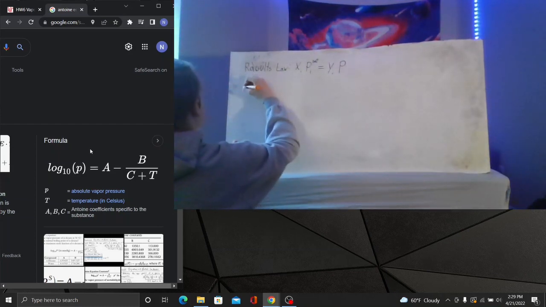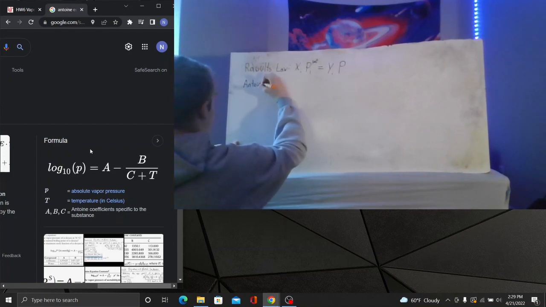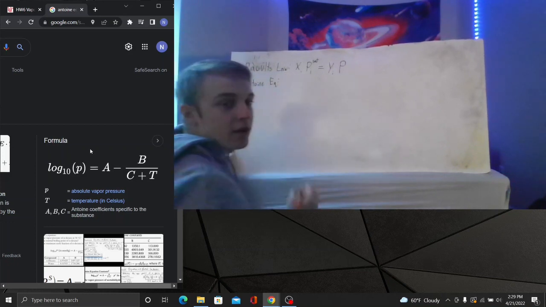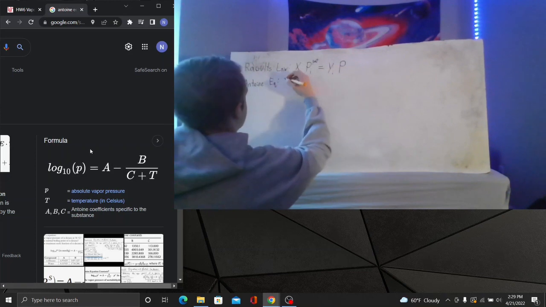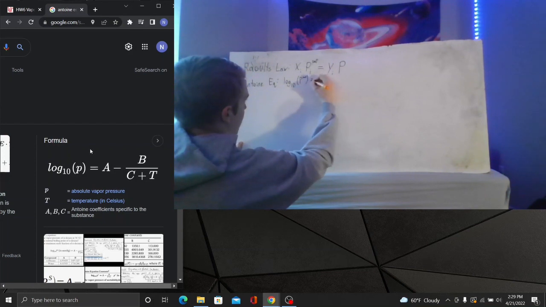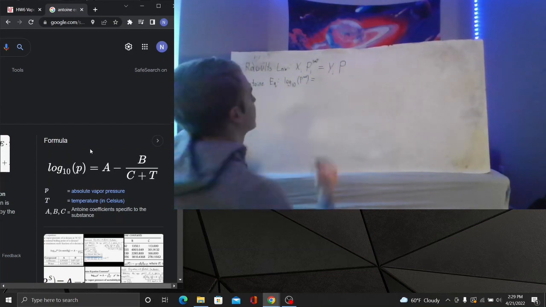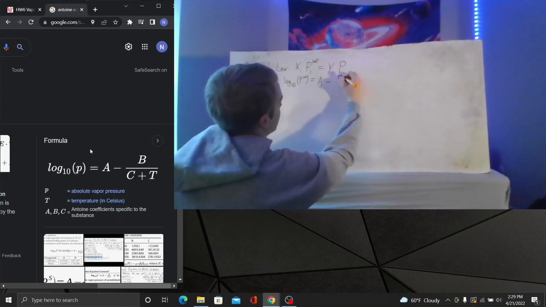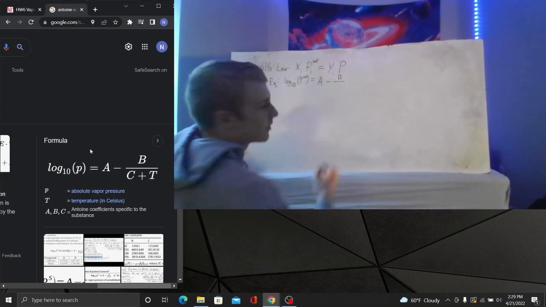Antoine equation, and for our purposes, it's going to be log base 10 of the pure saturation vapor pressure, and then that will equal our A minus B over C plus D.